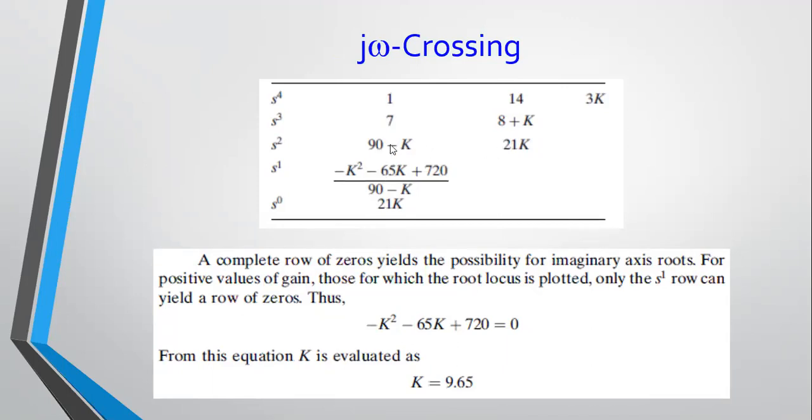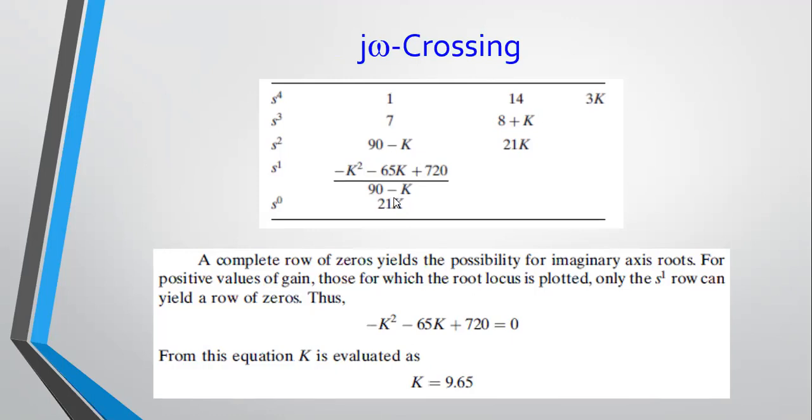Make sure you cross-check that you're getting these values, because we've covered this topic in your chapters. Similarly, we get 21k here. You will simply take 7 times 3k minus 1 times 0, but again, you're normalizing by multiplying by a common factor 7 to remove a 7. Then this is very important for us. When you've got the s squared row, you can work out the s row, and similarly the s^0 row.